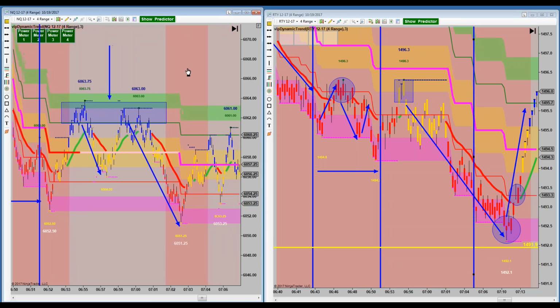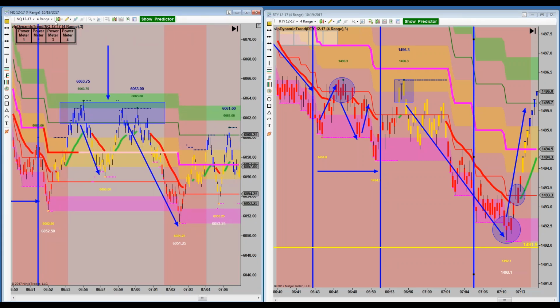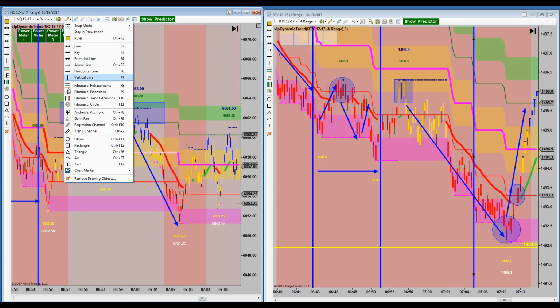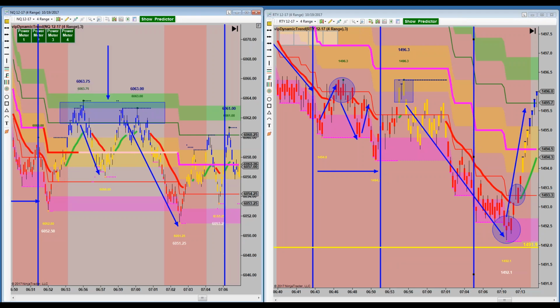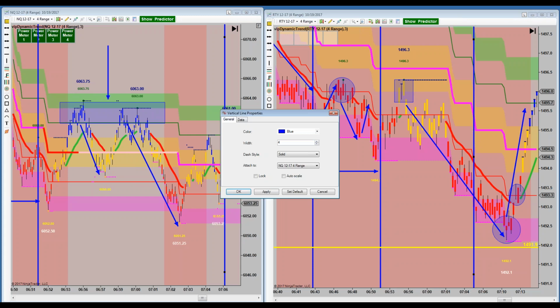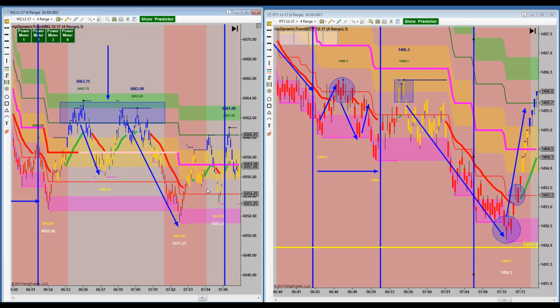Now here's 7:06. So let's frame this out. Let's continue to frame this out so you get a flavor for what's happening here. 6:53. Yeah, okay. So all of this movement on NASI from here to here is more or less this movement on the Russell.